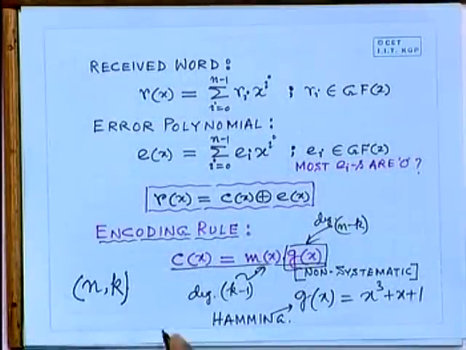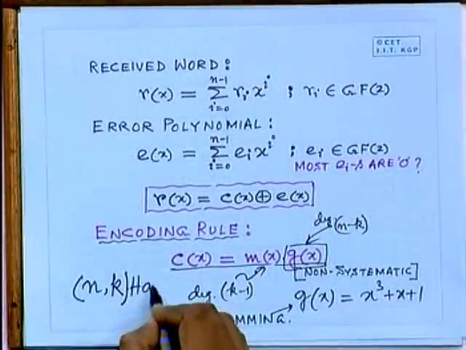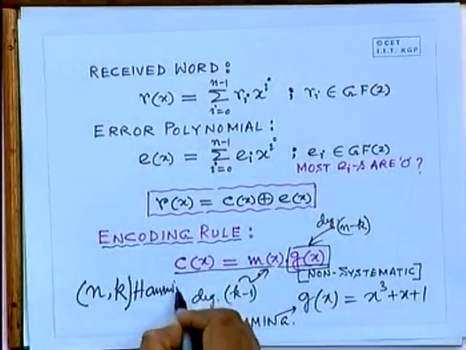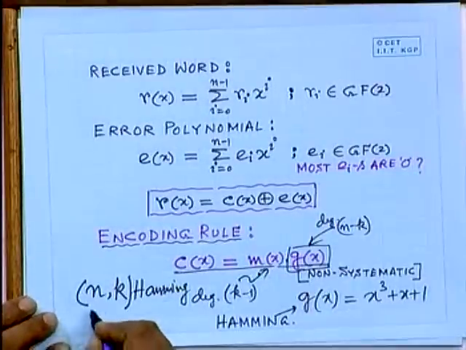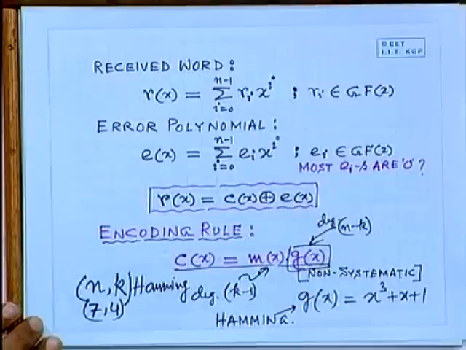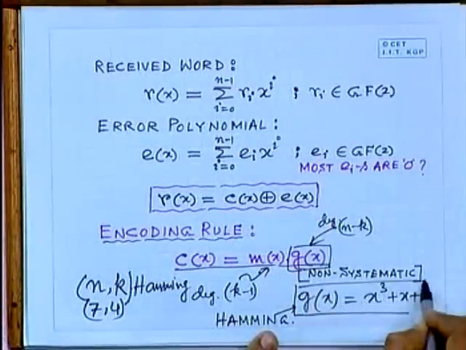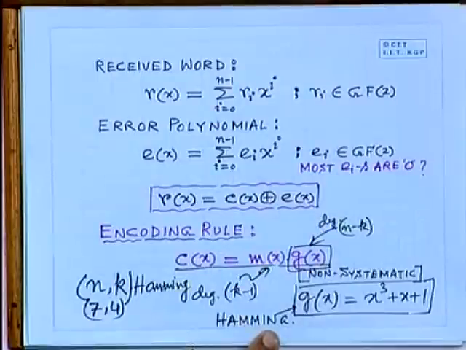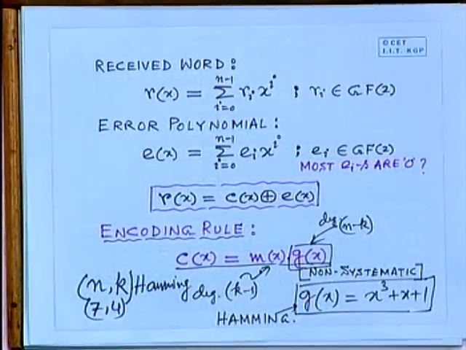N comma k code, n comma k Hamming code, which is the 7 comma 4 Hamming code. If I am talking about the 7-4 Hamming code, and I tell you to consider this gx of x cube plus x plus 1, I have told you the features of the encoder.